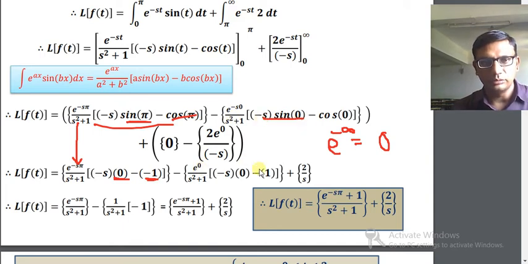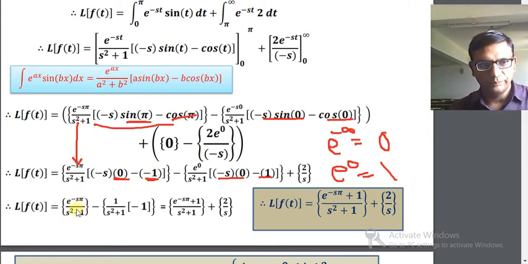Sin 0 is 0, so this term will be 0, and cos 0 is 1, so we are writing 1 here. In the second integration, the upper limit is directly 0, and minus minus plus, so our last term is 2 by s, because e raised to 0 is 1. We know that e raised to 0 is 1. So finally, this is our simplification of the upper and lower limit.